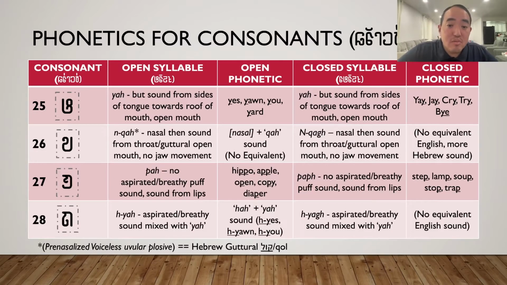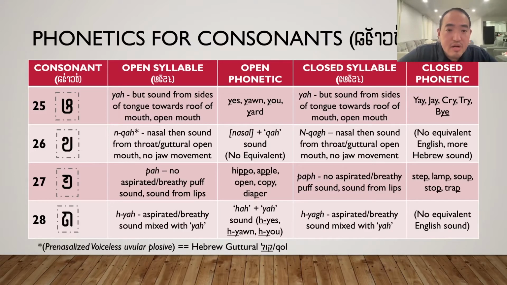The closed syllable is ngag, ngag. You'll hear that nasal sound I just produced, followed by the guttural throat sound, no jaw movement. Again, there's no English equivalent word here, but like I stated, it's more like a Hebrew, Arabic, and a bit of French sound with a guttural sound there.